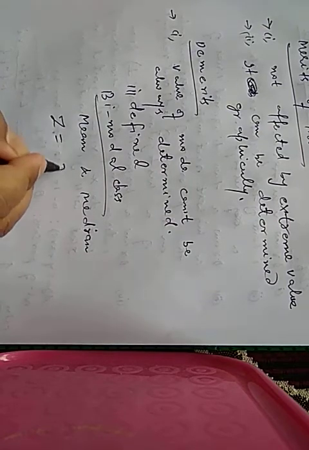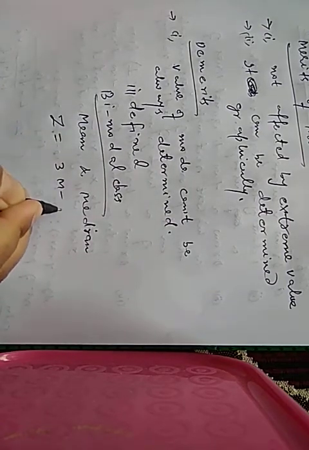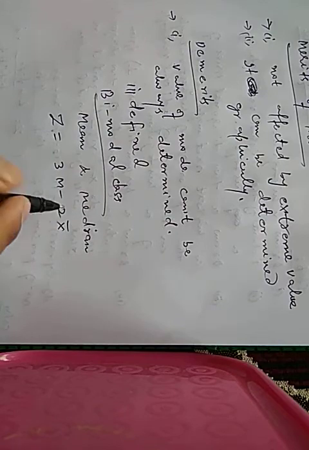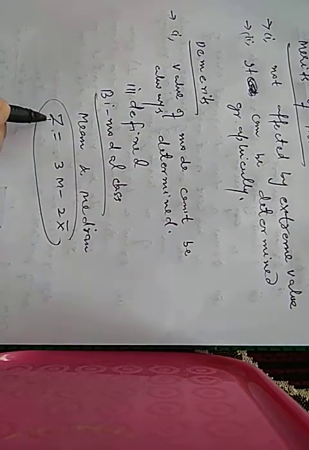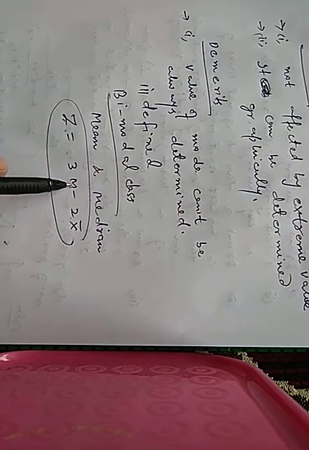In that case, we have to apply the formula mode is equal to 3 median minus 2 mean, which is also the relationship between mode, median, and mean. This is the mode, M is the median, and x bar is the arithmetic mean. This is the demerit of mode.